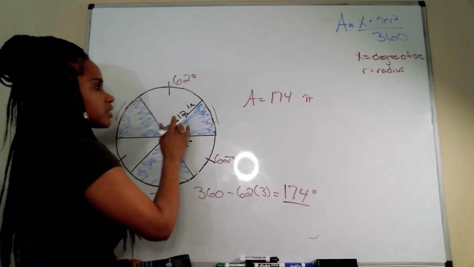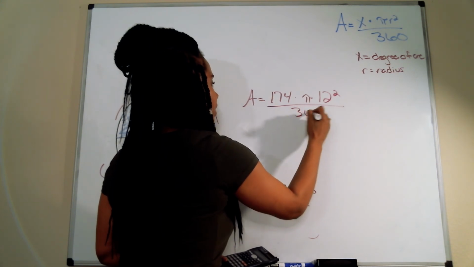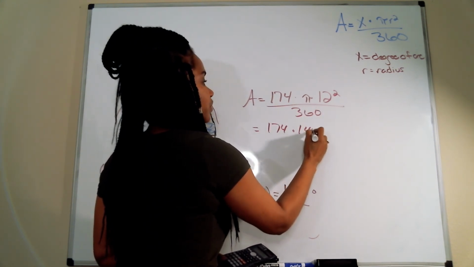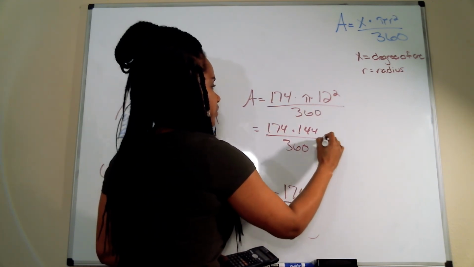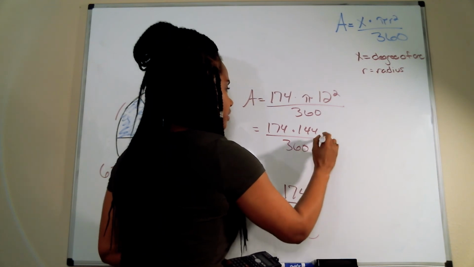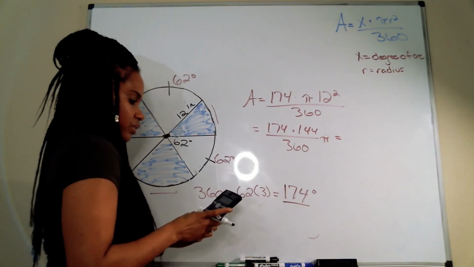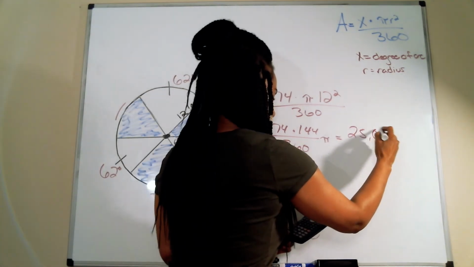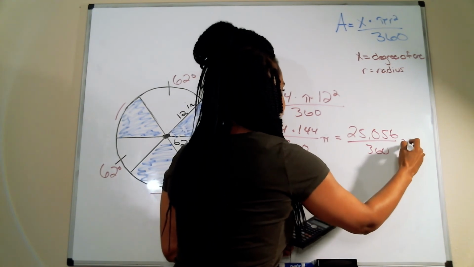My radius here is 12. 12 squared divided by 360. 174 times 144, because 12 squared is 144. It's 360 pi. Okay. 174 times 144 is 25,056 divided by 360.